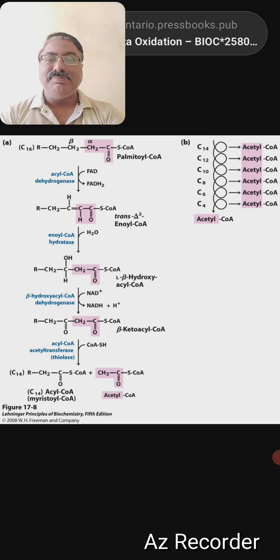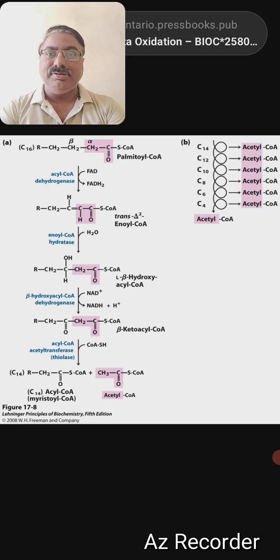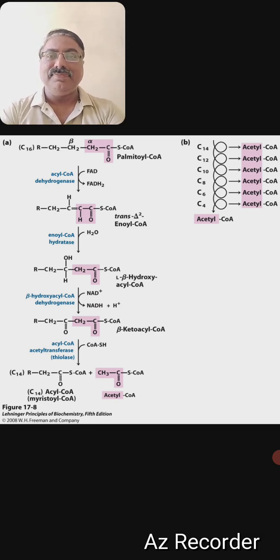Now we will take a simple example, palmitoyl-CoA, which contains 16 carbon atoms. Fatty acids are of two types, saturated and unsaturated fatty acids. Saturated are the simple ones containing only single bonds. Unsaturated fatty acids contain double or triple bonds also. So we will take a simple example of a saturated fatty acid for understanding the beta oxidation process.